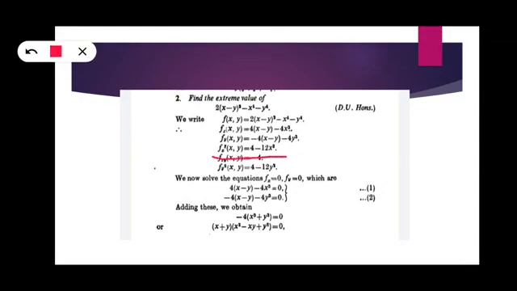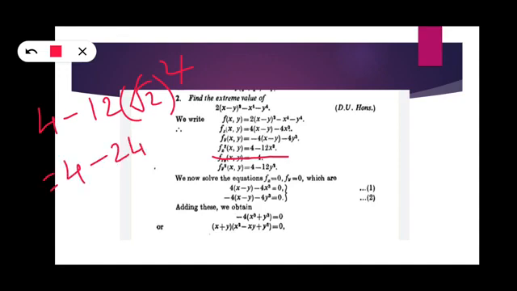Fx square is the a, that means 4 minus 12x square. X square means root 2 whole square. The square and root cancel. So here 4 minus 12 into 2, that will be 24, so this is equal to minus 20. This is the value of a.